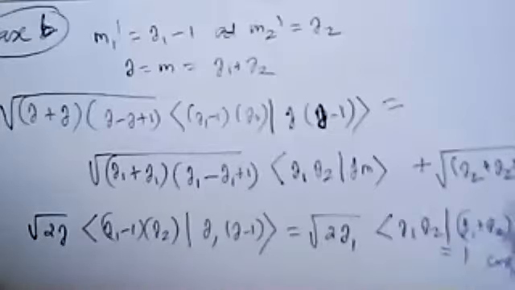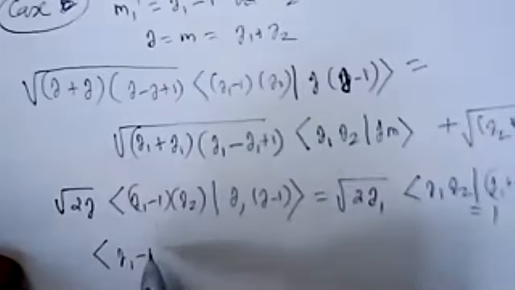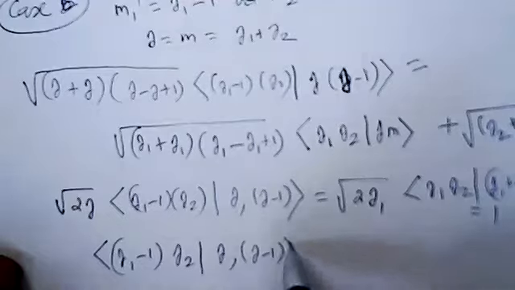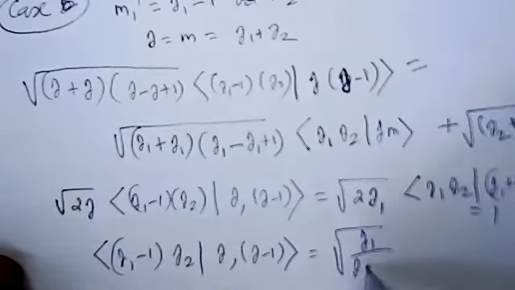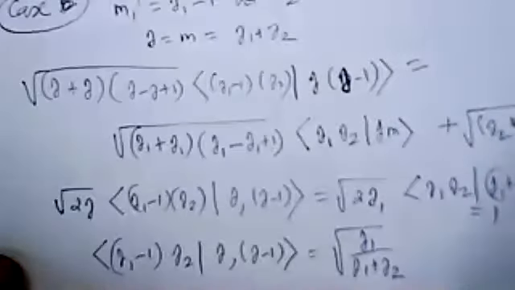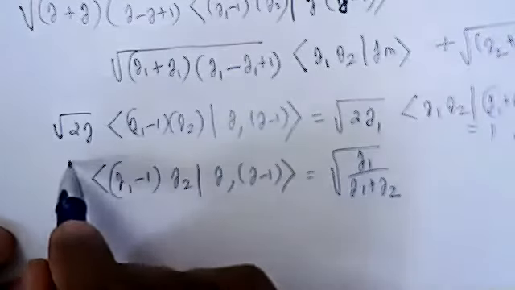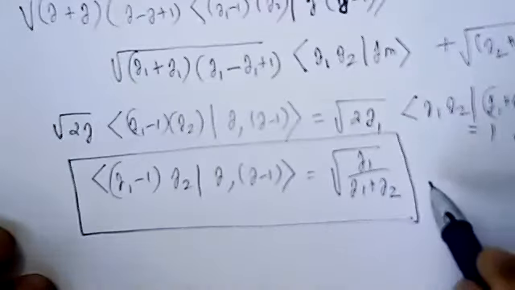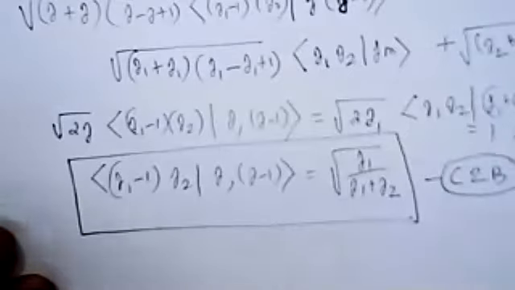Simplifying, you get j1 minus 1, j2, j minus 1 equals root of j1 by j, where j is j1 plus j2. This is our second equation, which we call C2B.